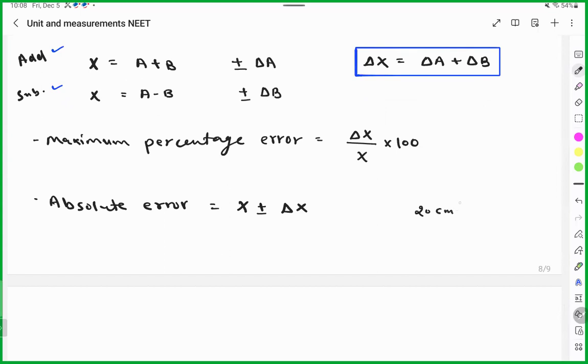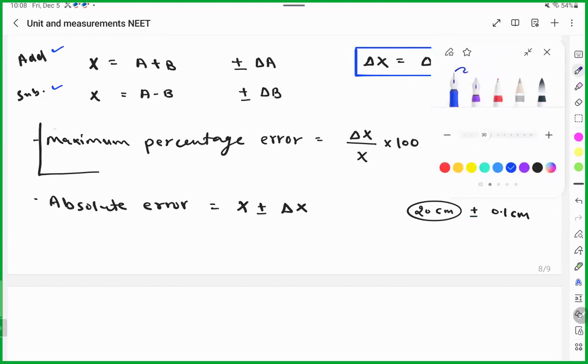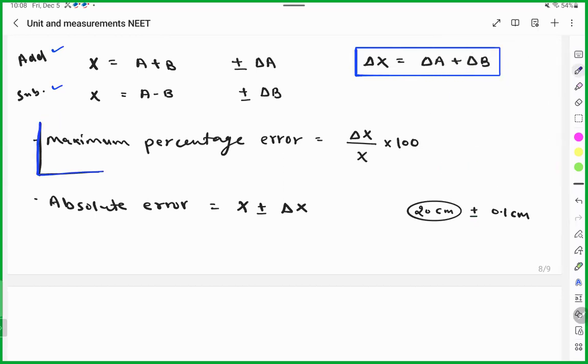You say I got 20 centimeter, but there could be plus minus 0.1 centimeter here and there. That's what we are trying to convey. Understood? Any doubt? No doubt, sir.